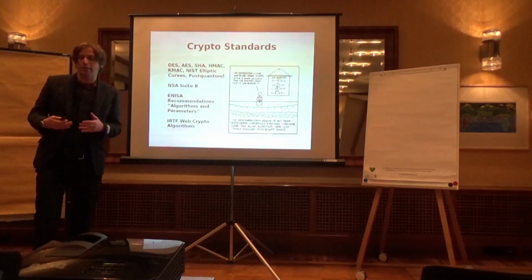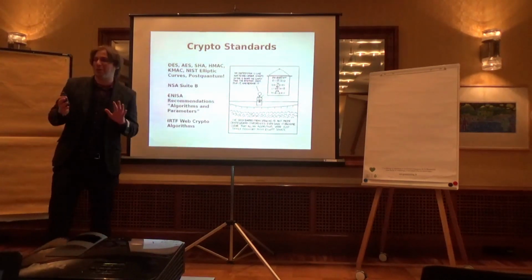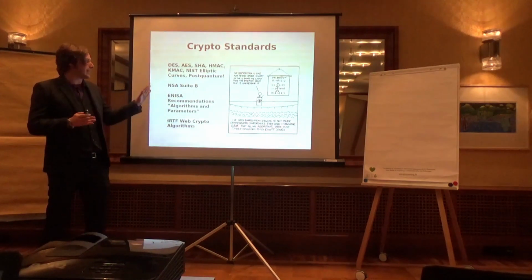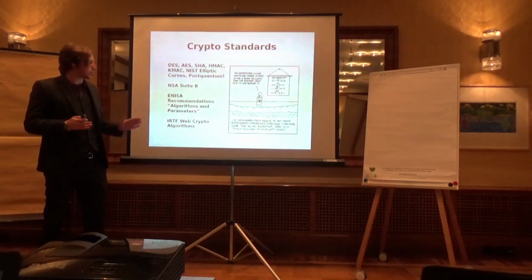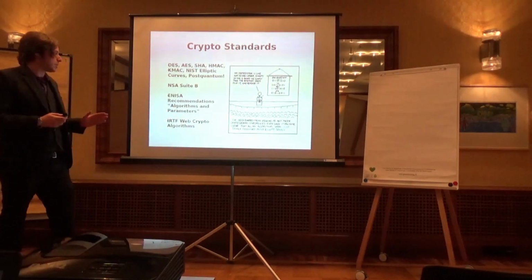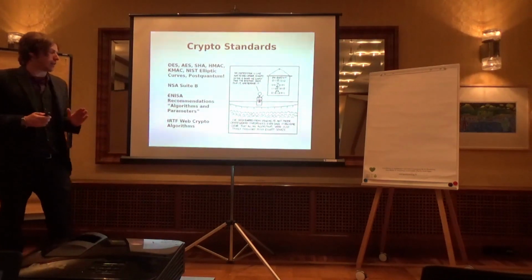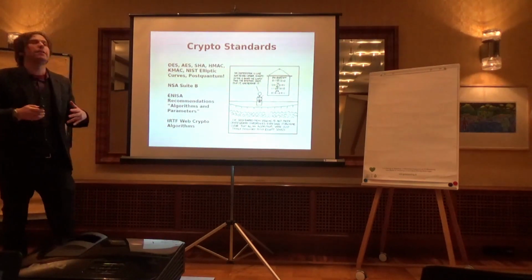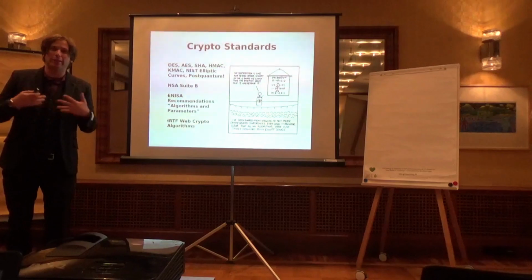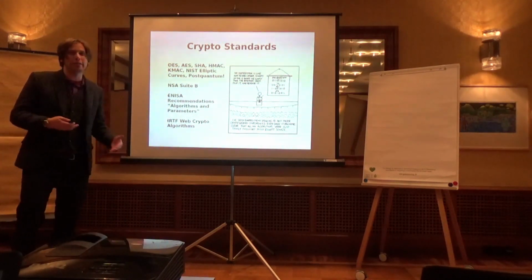NIST doesn't currently have, I think, up-to-date parameters and recommendations, but if you don't trust the NSA recommendations, Europe has their own recommended algorithm parameters, and this has been adopted and copied with minor tweaks by the IETF, the IRTF crypto algorithm group.